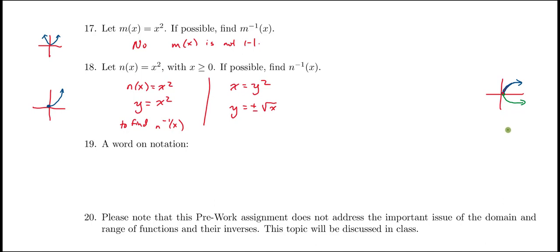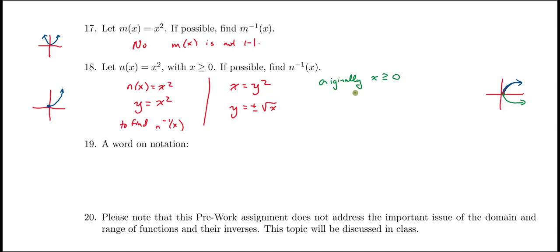So what are we going to do? Well, we get to make an extra conclusion that we couldn't make in the previous situation. If I look at my original function here, we said originally the x values need to be greater than or equal to 0.